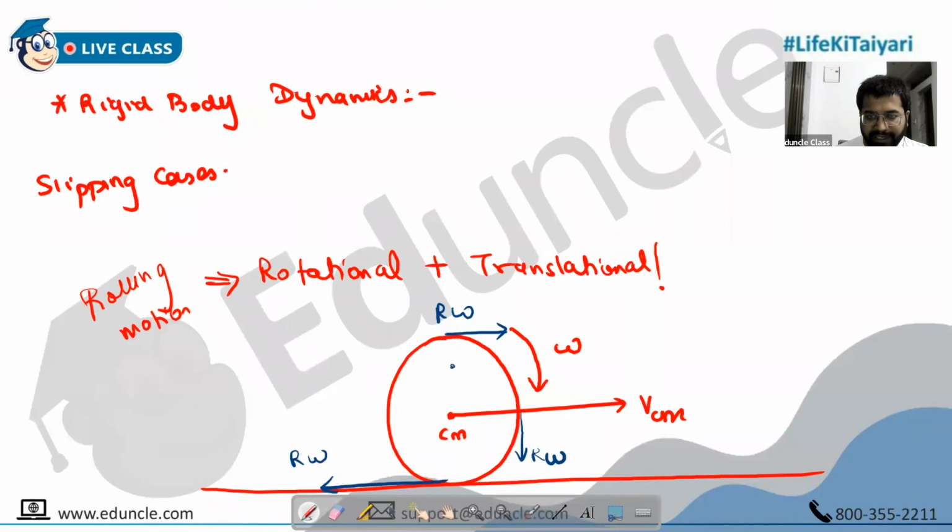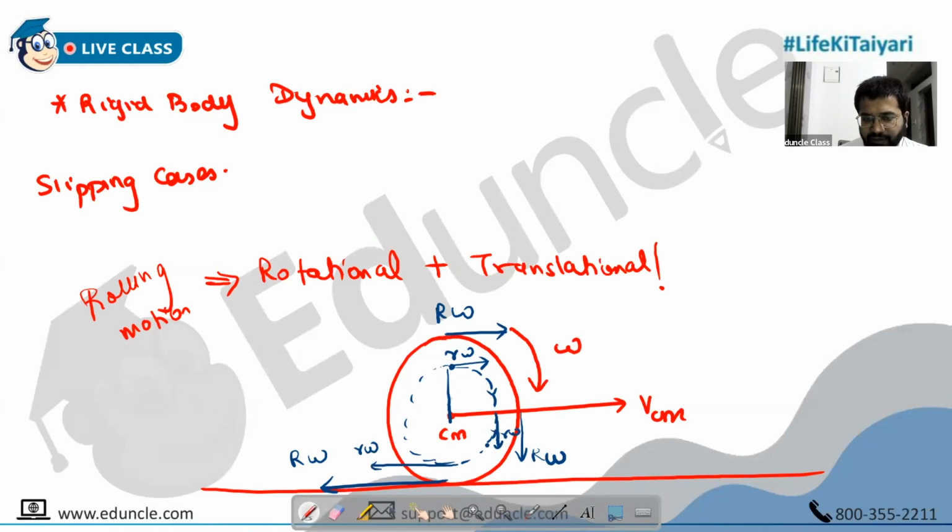But if you take a point here, this point is going to rotate along this part of the circle. It has a smaller circle, a smaller radius, so here it has a small r omega, here also, and here also.